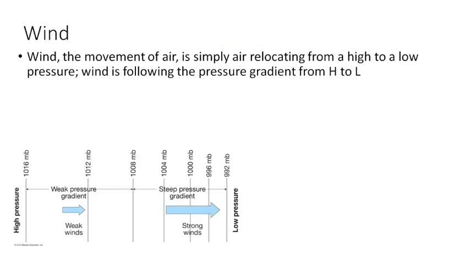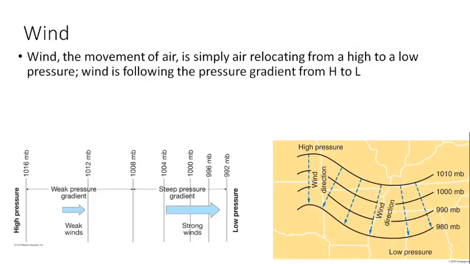So here we've got both of these examples, things we talked about in a previous lecture. Of course, MB, hopefully you're thinking pressure, that stands for millibars: 1016 millibars, 1012 millibars, 1008 millibars. Well, goodness, this is getting lower pressure this way.